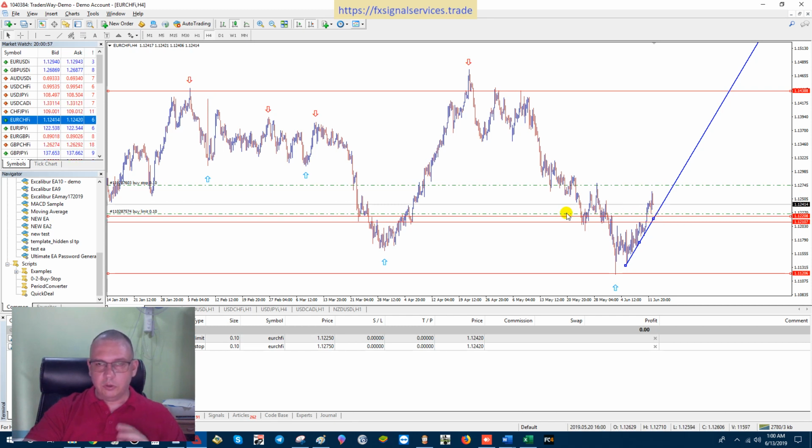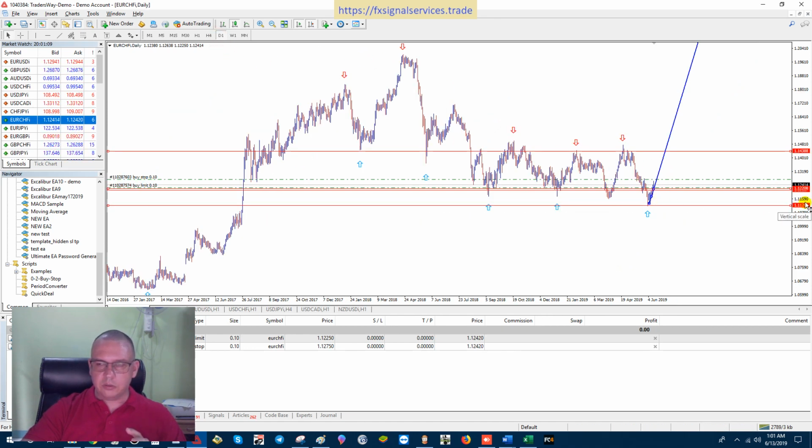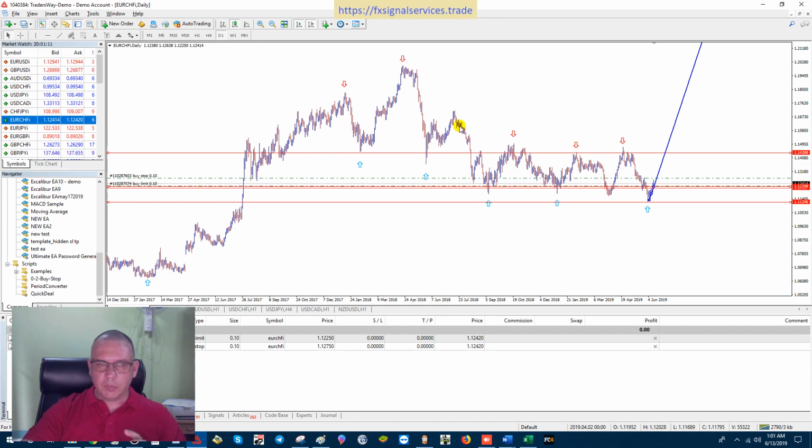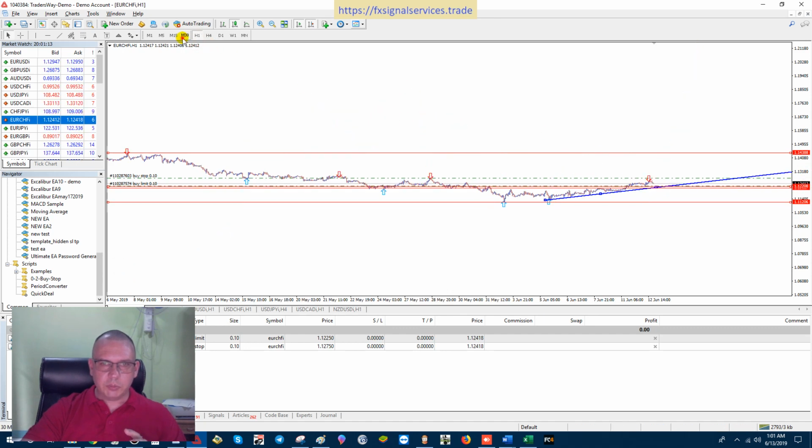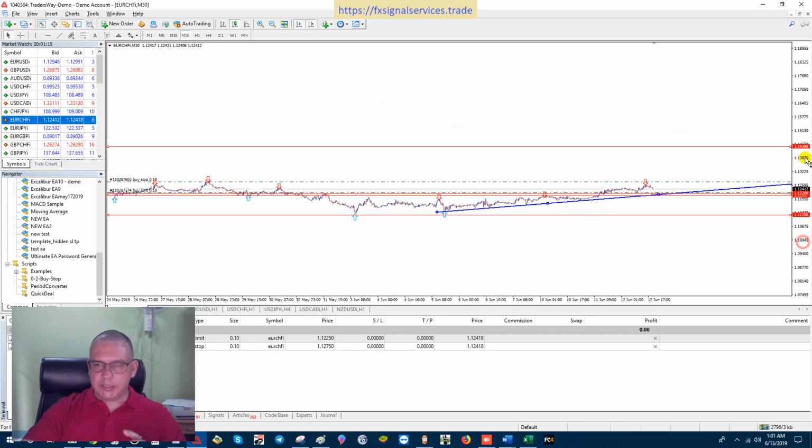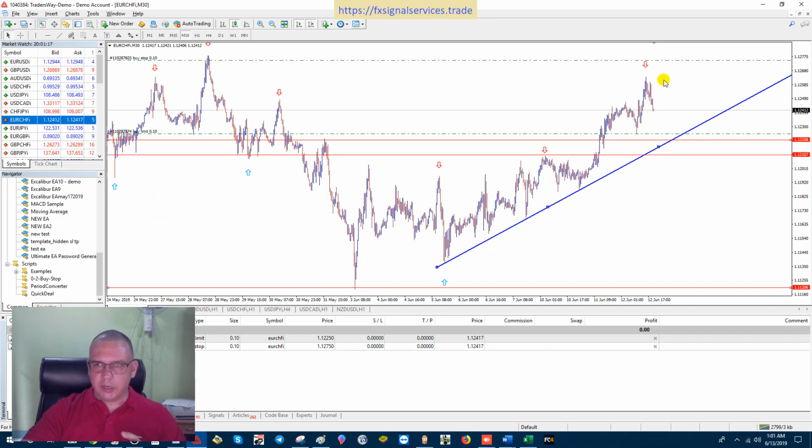Okay? So please let me know if you have any questions about how to trade this. You know, I'm going to repeat this one more time. Start on a higher time frame, like a 4-hour daily. Find your trend, okay, and then look at the smaller time frames and see if your arrows match up to the higher time frames.